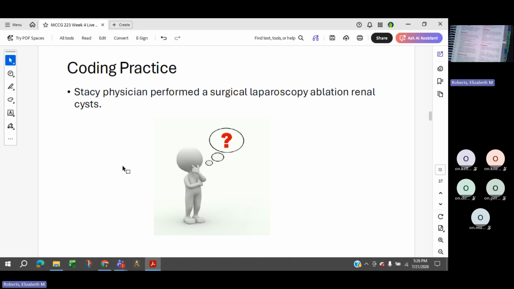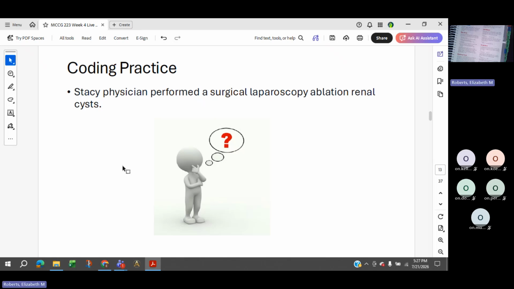Okay, I've got ablation. Laparoscopy, good question. In this case, we have to think of what we are actually doing.